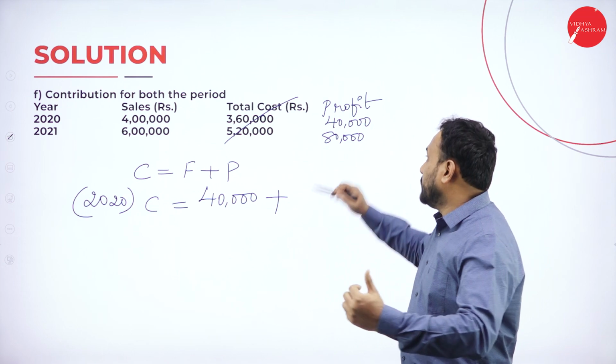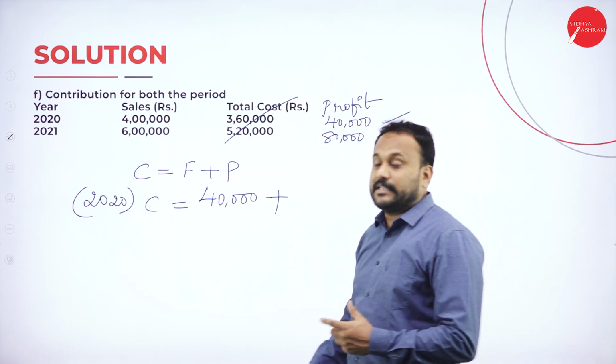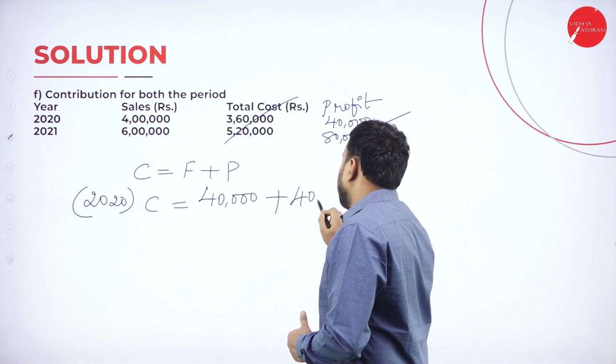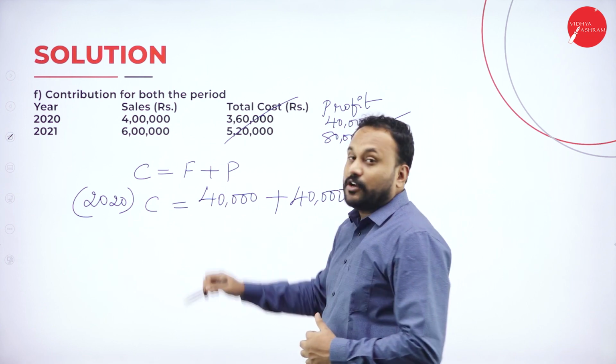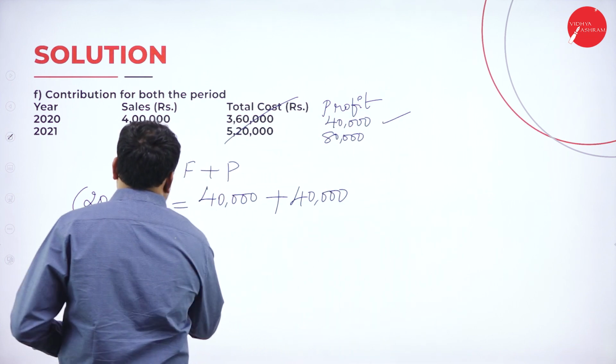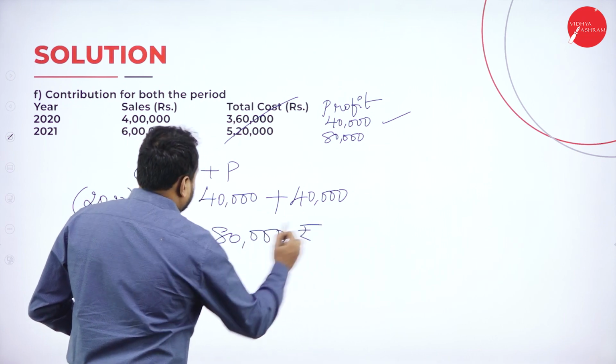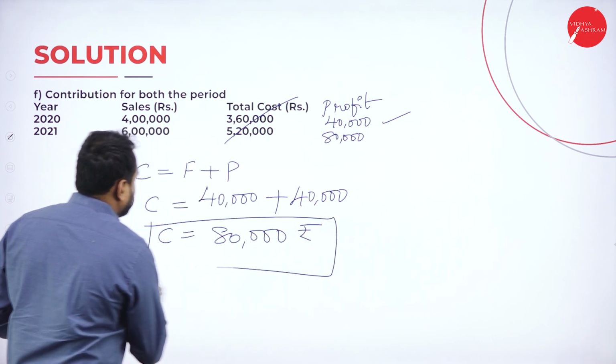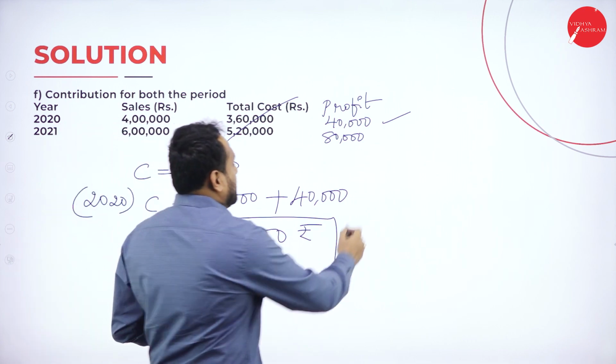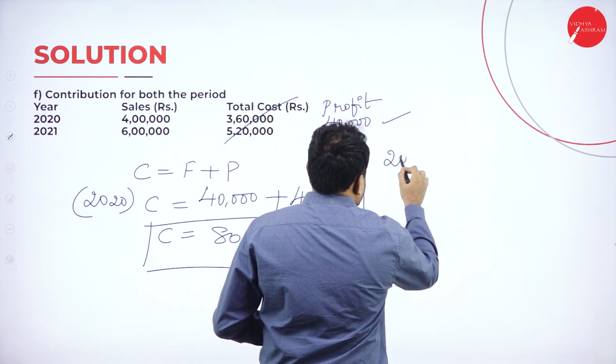We have found the 2020 profit, that is 40,000 again. So contribution is equal to 80,000 rupees in 2020.